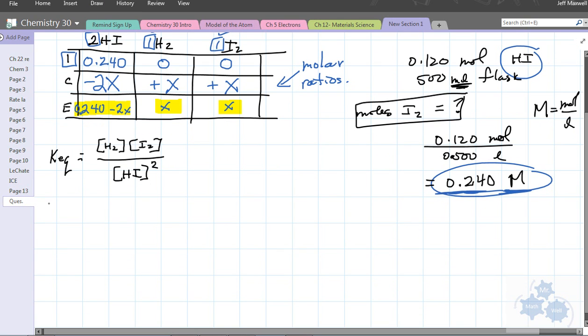And we just put that in and go from there. We solve for x. So this is going to be 2.00 times 10 to the negative 2 equals, so we've got x times x on top, and we've got 0.240 minus 2x on the bottom.